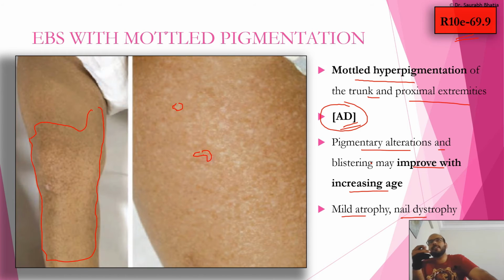Now, why does EBS with mottled pigmentation exist? The theory says that because of keratin filament mutations, and keratin filaments also have another function of transporting vesicles, the cells are not able to transport melanosomes effectively, and that leads to mottled pigmentation. Okay, let's move forward.